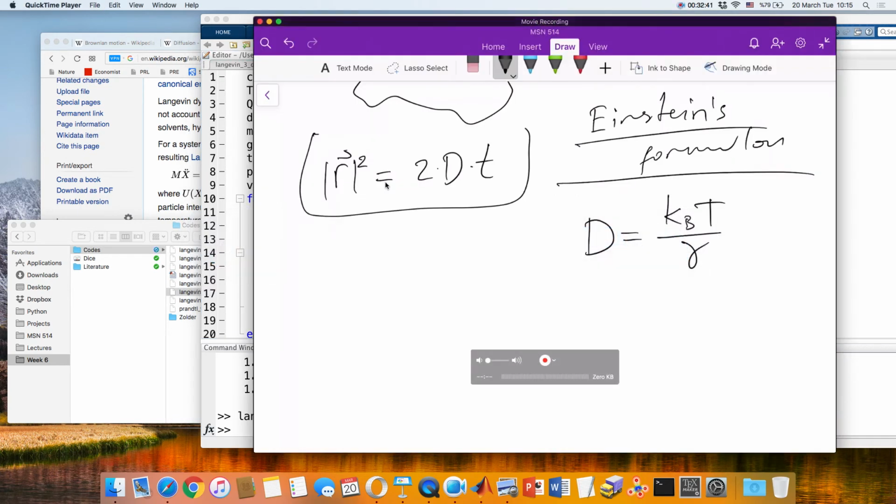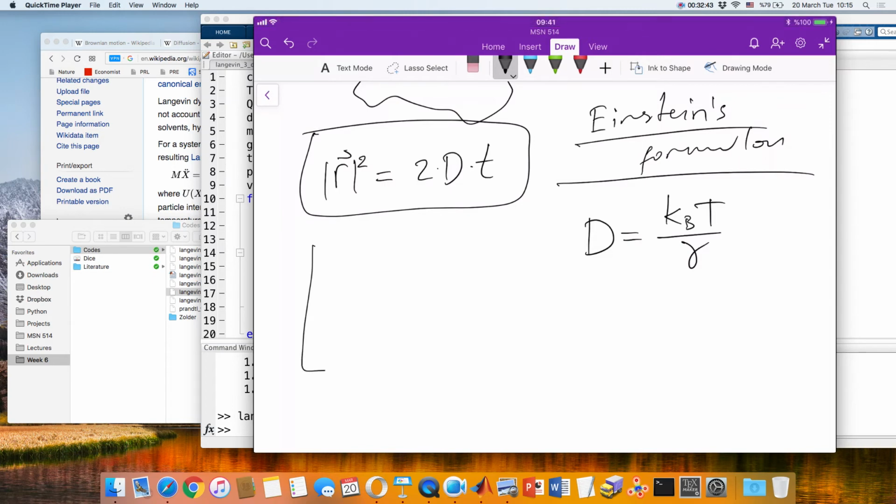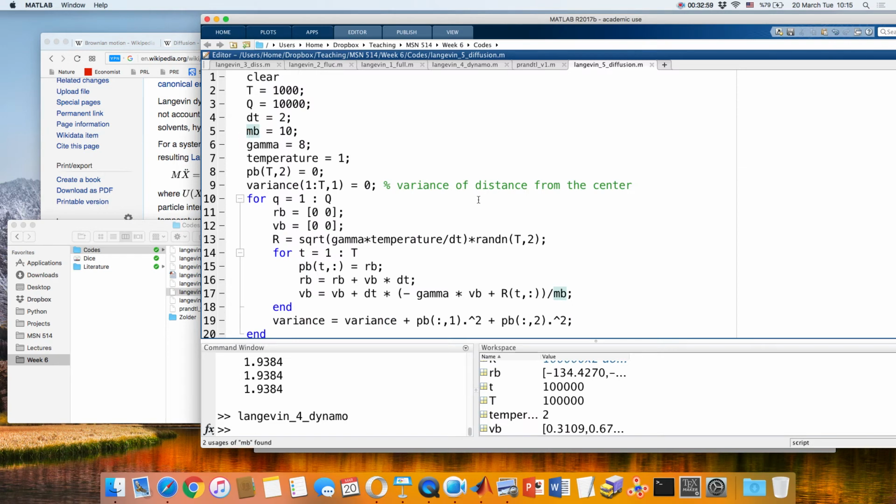Yes, we expect it to be this, right? So if I plot time versus variance, it should be like this. And the slope will give me 2D, yes, the diffusion constant, right? So let's do that. Yeah.